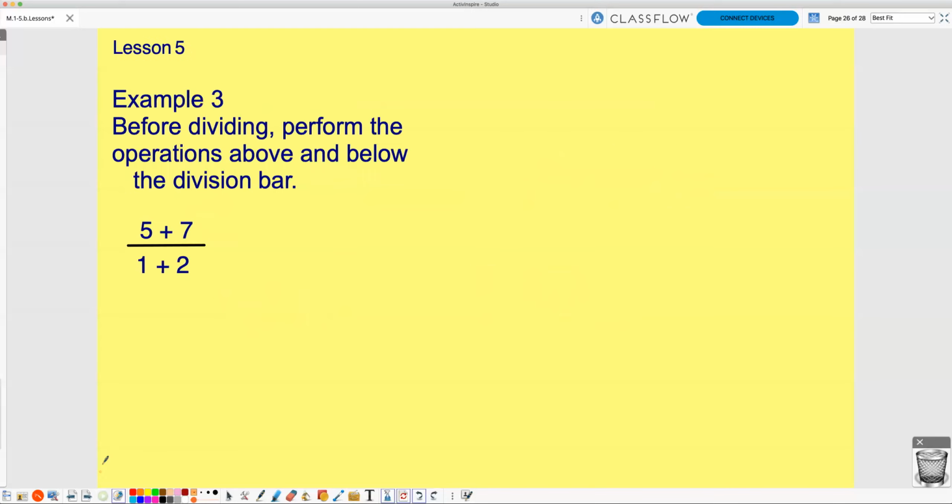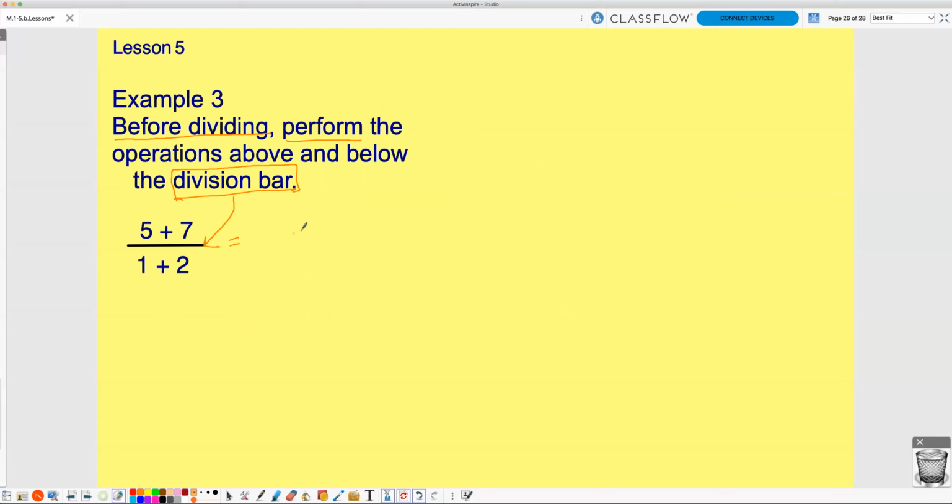All right. Example 3, before dividing, perform the operations above and below the division bar. What's the division bar? The division bar is this. This means divide, okay? It's a division bar. And it says before dividing, perform the operations above and below.